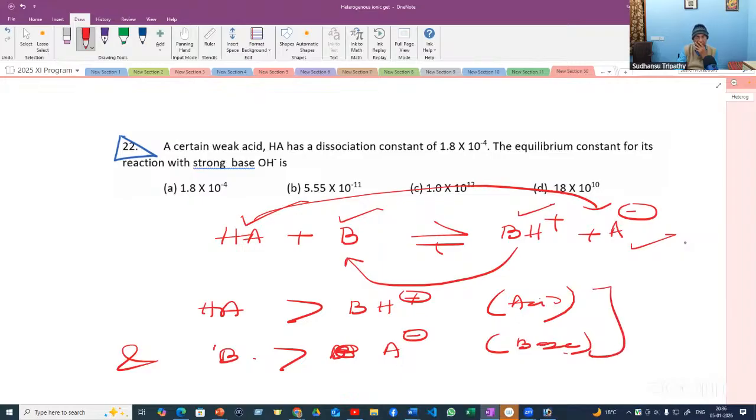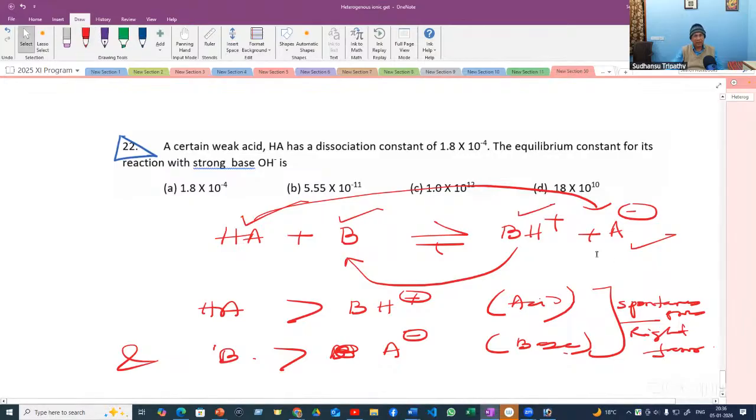This is for a spontaneous process. When I say spontaneous, I mean right favored, or the reaction will happen, otherwise it will not happen.